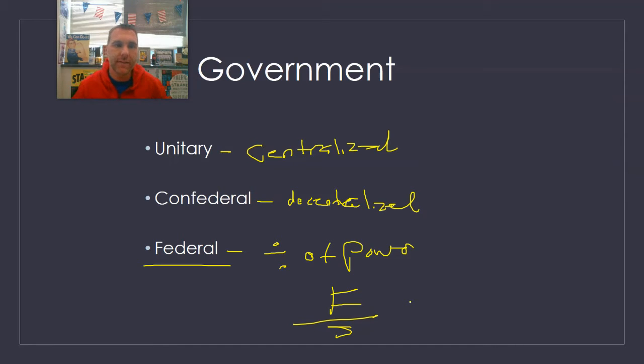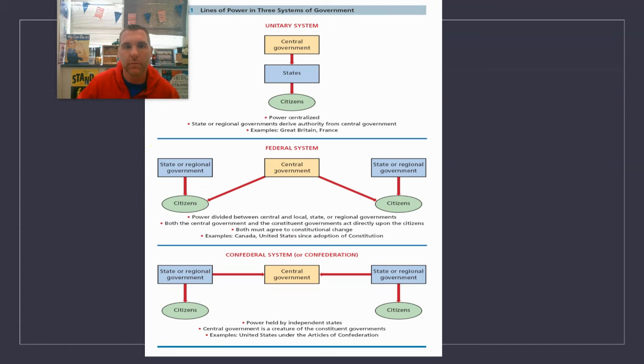We have 50 at the state level, and then we have one at the national level. And we can talk about how those relationships have changed over time, but the states still have the ability to pass laws. They have the ability to act somewhat independent of the federal government. And it's because of that 10th Amendment that we have a considerable amount of power at the state level. And again, some of this has changed over time, but we're still under a federal system is what that means.